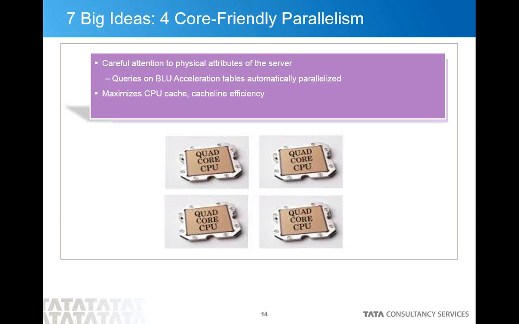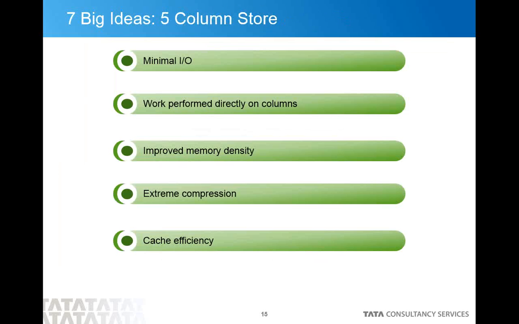Moving on to the next slide, the column store. When we say column store, we mean that a single page in the database stores the values of just a single column, which means that whenever the database engine performs I/O to retrieve the data, it just performs I/O for only the columns that satisfy the query.